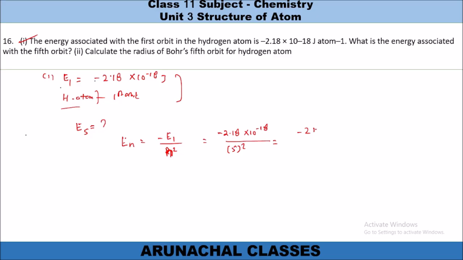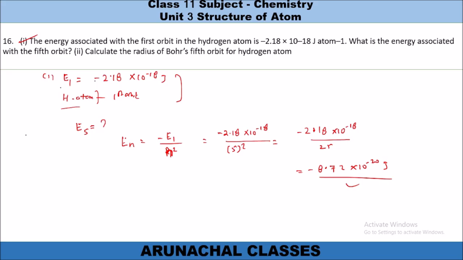So minus 2.18 multiplied with 10 power minus 18 divided by 25. When I solve this one, it will be minus 8.72 into 10 power minus 20 joule. So this much amount of energy will be associated in the case of the fifth orbit.